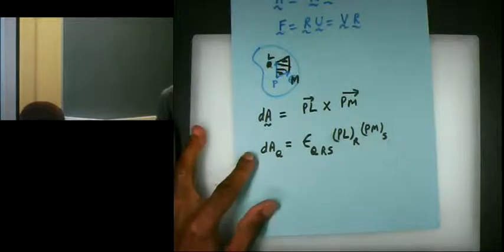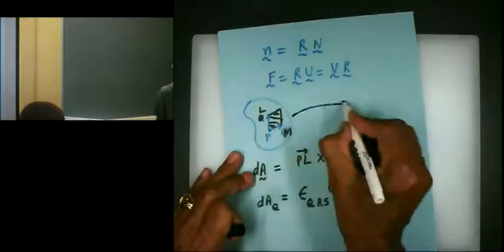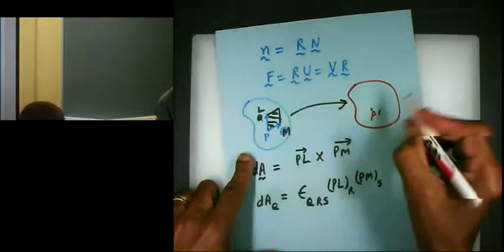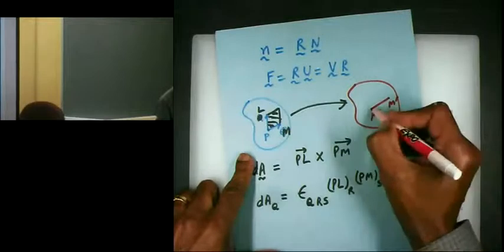Okay. Now, let's deform the body. So the body is deformed, and we are now in the present configuration. So point P went to P prime, M goes to M prime, and L goes to, say, L prime.